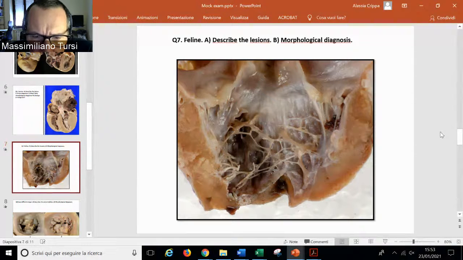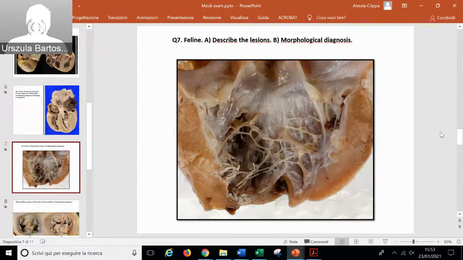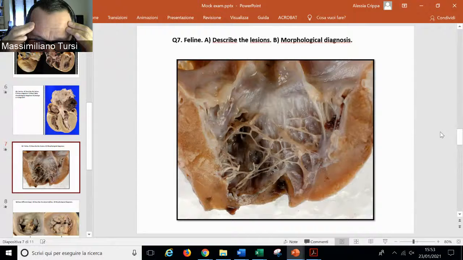A speculation, because I'm not sure that, for example, when we see restrictive cardiomyopathy with the connective bridge, we saw also today a case with a bridge of connective tissue between the papillary muscle and the interventricular septum.